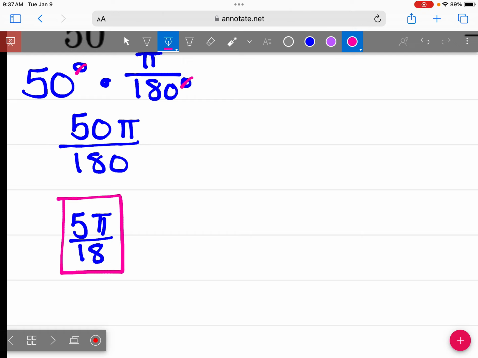Radians look super nonsensical. It relates our circumference to our radius in weird ways. If we think back to that definition of what a radian is, this is the length along the circumference for an 18 radius circle.